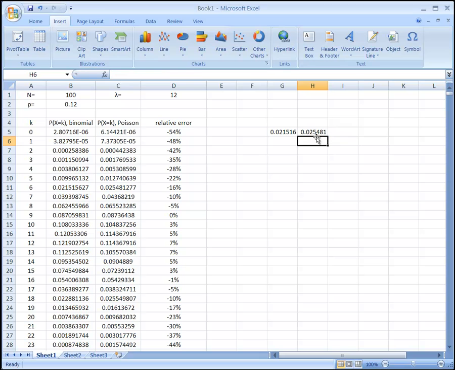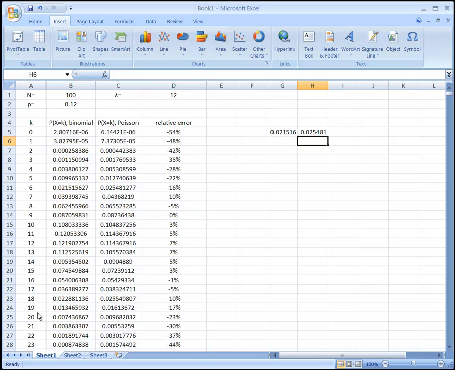Okay, press enter, and this returns 0.025481, which is what we see right here. And then for the relative error, again, you'll just take these, subtract them, and then divide by the value for the Poisson distribution.